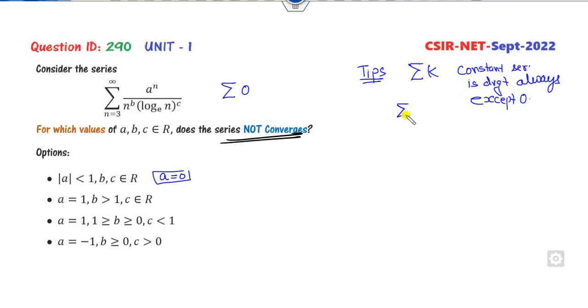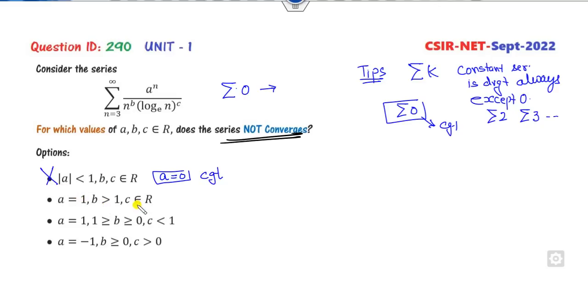Like this is a constant series, but 0 is convergent, while a constant series of 2, constant series of 3, all are divergent. So here it's a constant series of 0, which is convergent. So the first option is convergent, but we need not convergent.